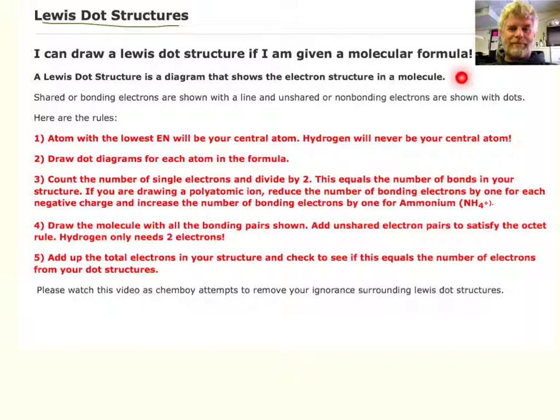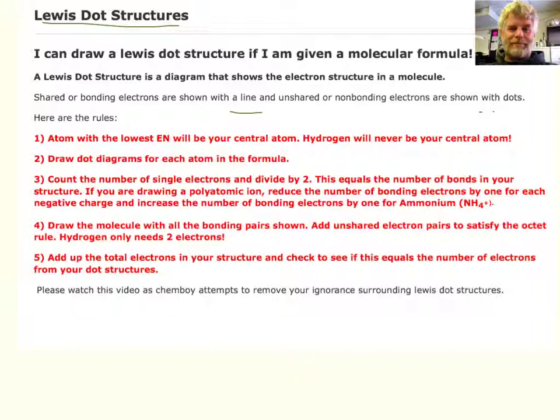So what we're trying to do is to show the way that the electrons, the bonding and unbonding electrons are arranged in a molecule. And we show shared or bonding electrons with a line, and we show non-bonding or unshared electrons with dots. That's kind of the way that works.